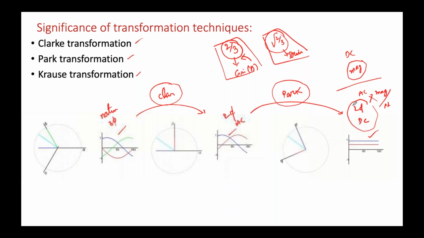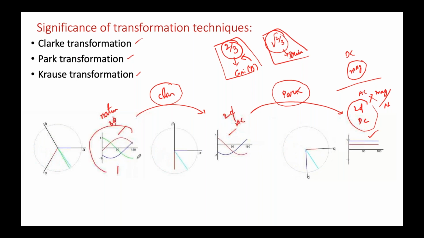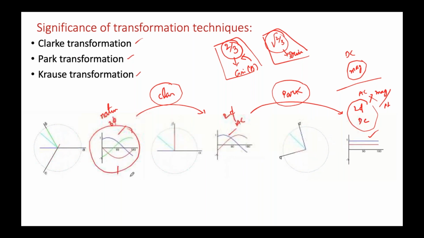That's why in most cases with respect to the controller, finally they will sense by using current sensors and voltage sensors the three-phase natural signals. After that, this transformation technique is completely mathematics only.